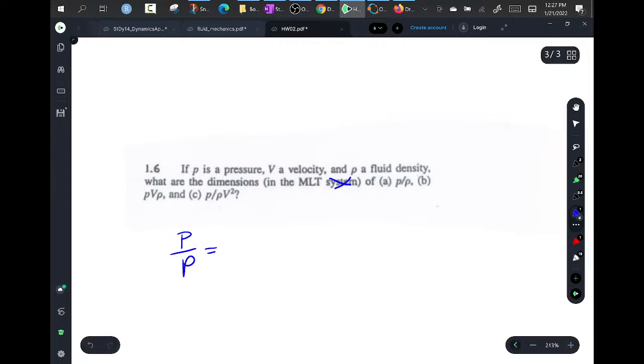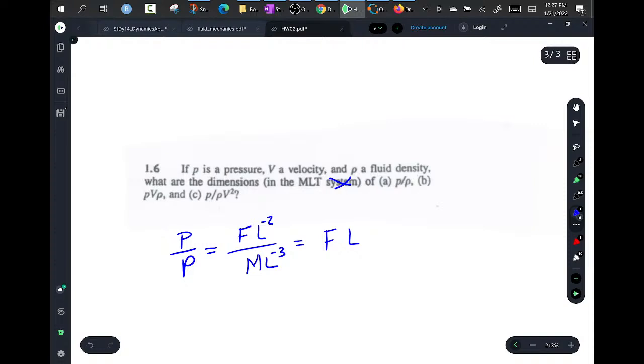Okay, so what do I have? I have pounds per square inch. So a force per unit area over a mass per unit volume. Now, if I want to go forward, I can do this.